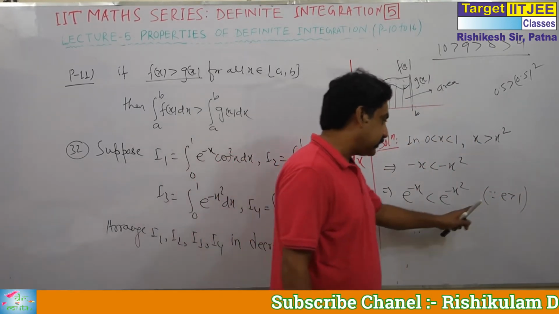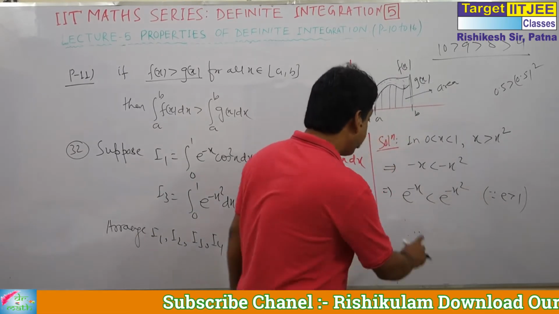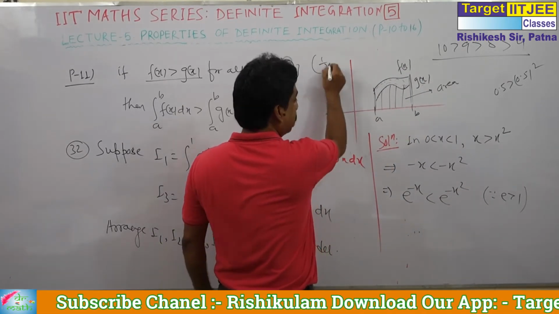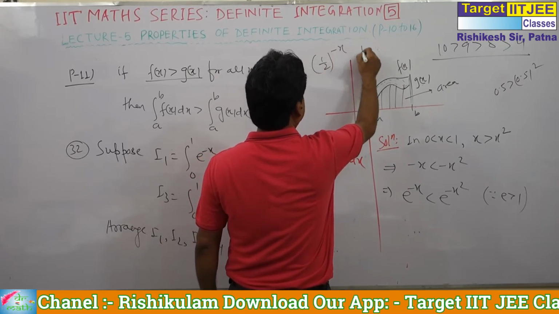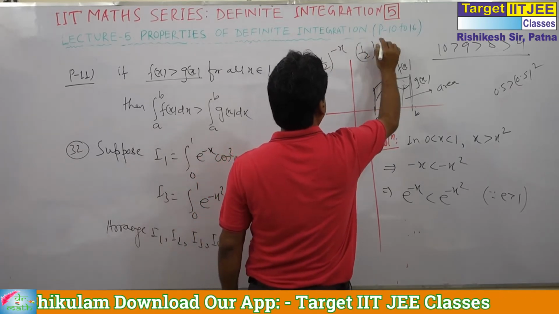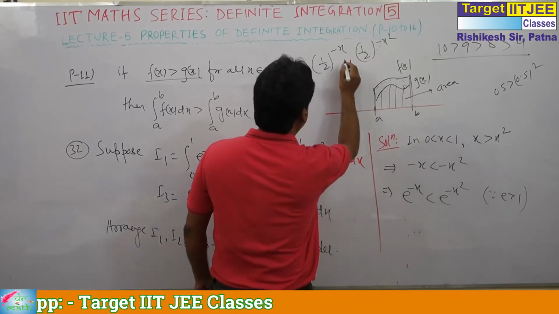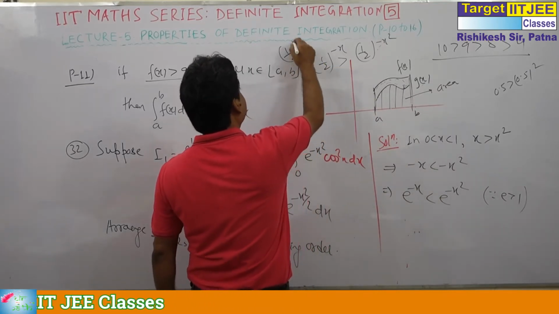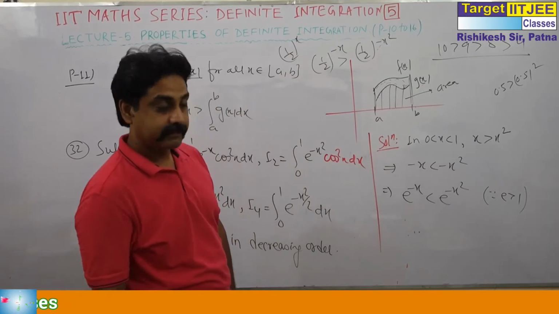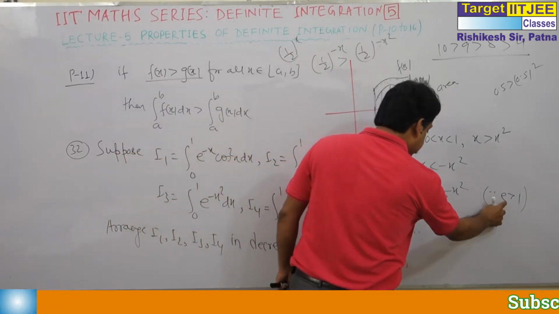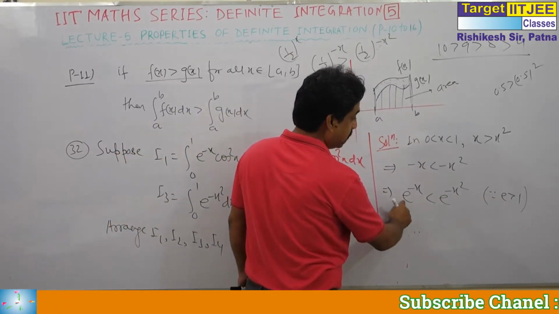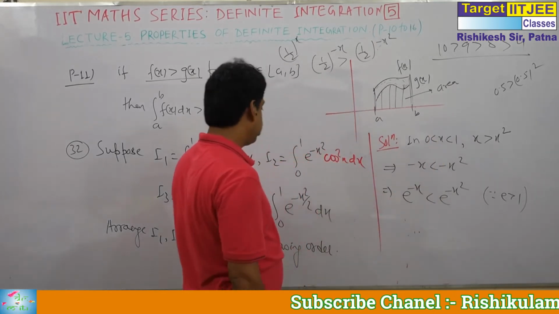Why do I write e greater than 1? If this were 1 by 2 to the power minus x and 1 by 2 to the power minus x square, the inequality would get reversed again, because 1 by 2 to the power x is a decreasing function. E greater than 1 means this is an increasing function, so the inequality remains the same.